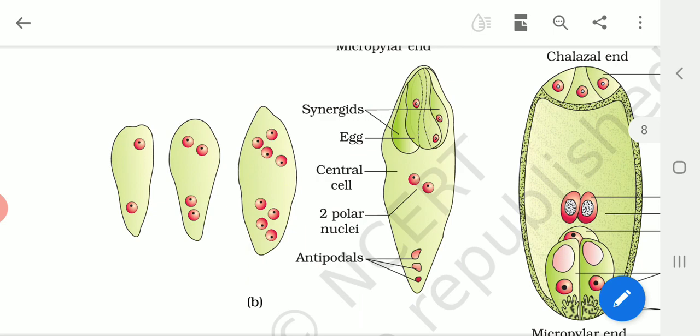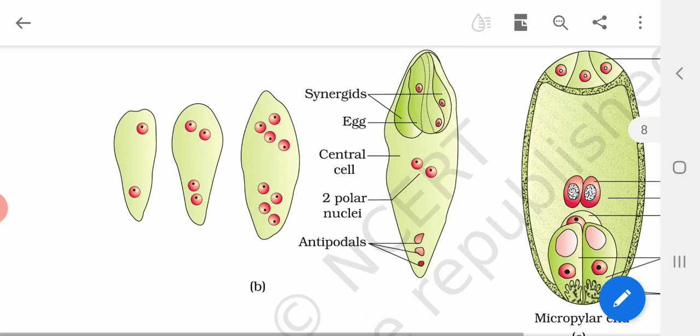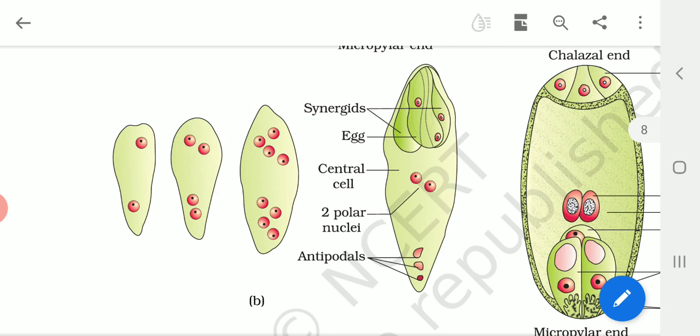Look at the second and third diagrams: the total number of nuclei after these divisions will be 8, four at one end and the remaining four at the other end. So in the first stage the nucleus divides mitotically to form two nuclei, and later two successive mitotic divisions result in the formation of 8 nuclei.